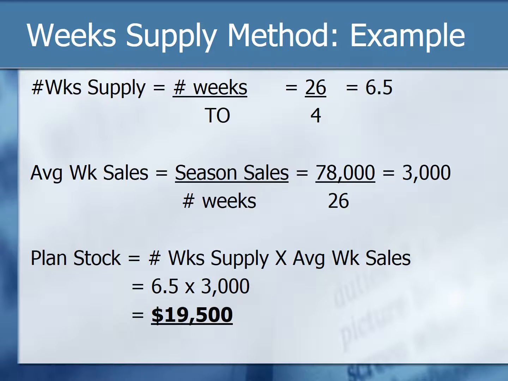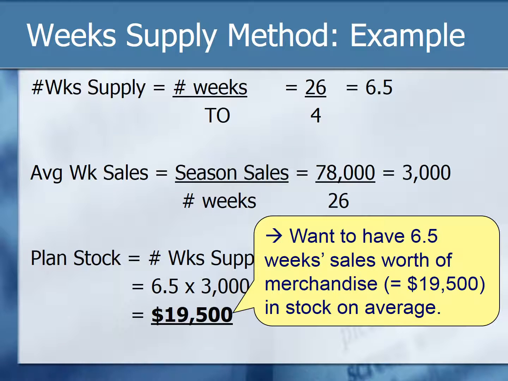Okay, so if this is the planned stock level based on the week supply method, then what does this actually mean to us? This planned stock figure means this is going to be our average inventory or average stock, right? Another way of saying it is that we are going to try to maintain our inventory at around $19,500 all the time, every month, every week, throughout the season in this case.